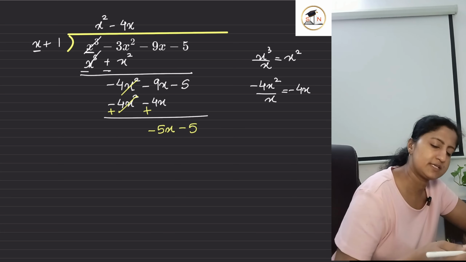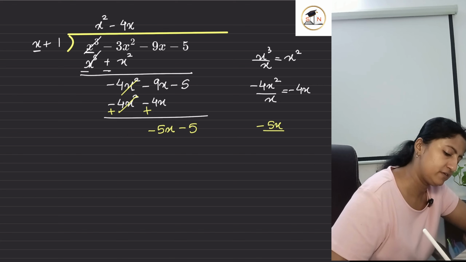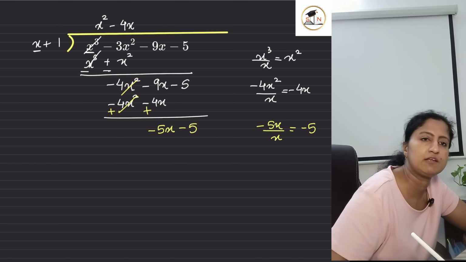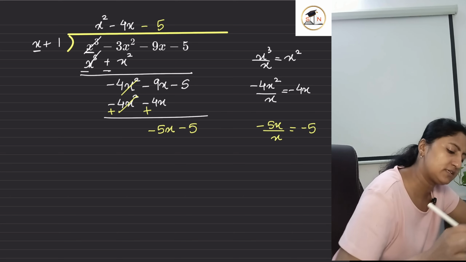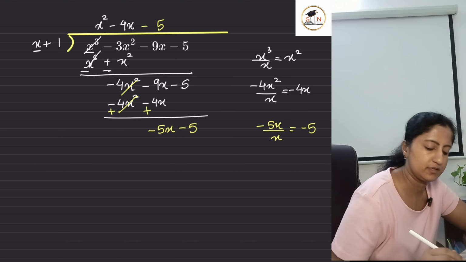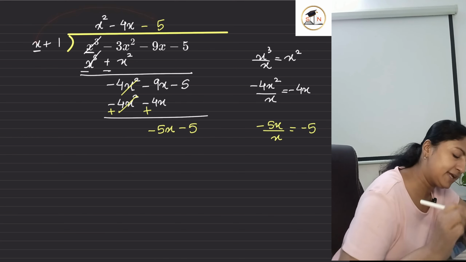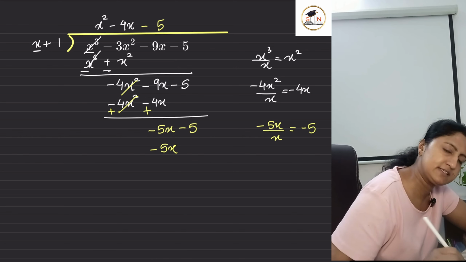Again, the whole process repeats. We are going to divide minus 5x with the first term of our divisor, which is x, and what we get is just negative 5, which gets noted down on top as the third term of our quotient. After this, you times x with negative 5, and what we get is negative 5x.